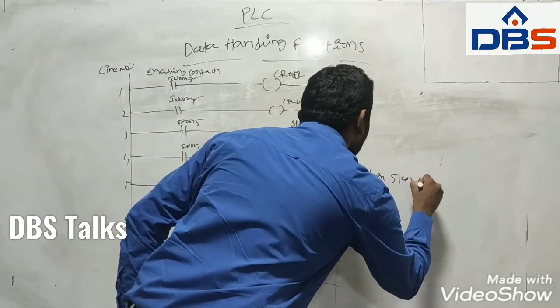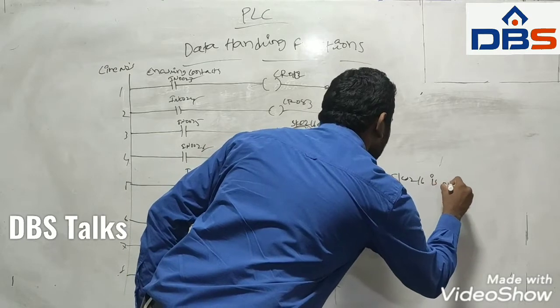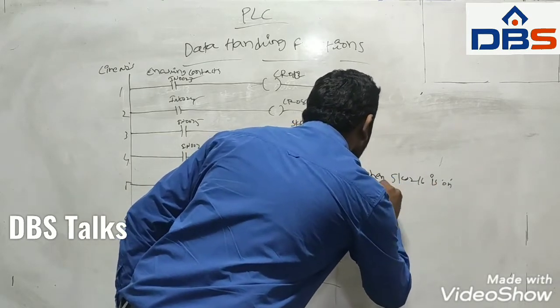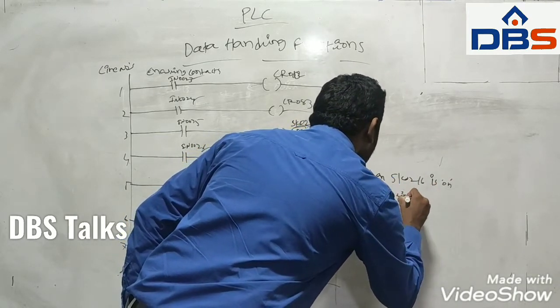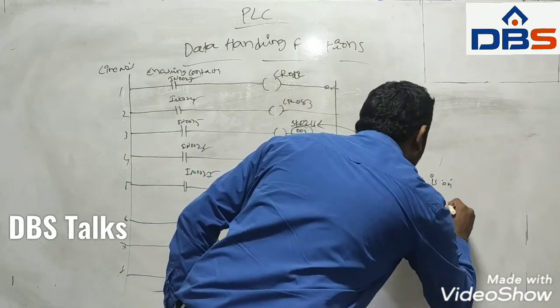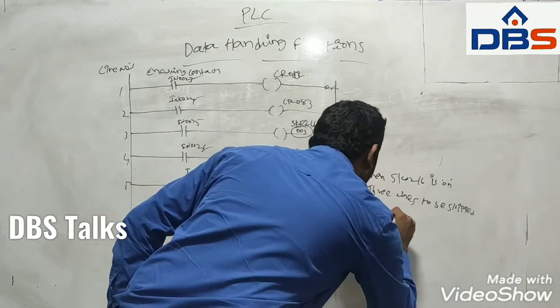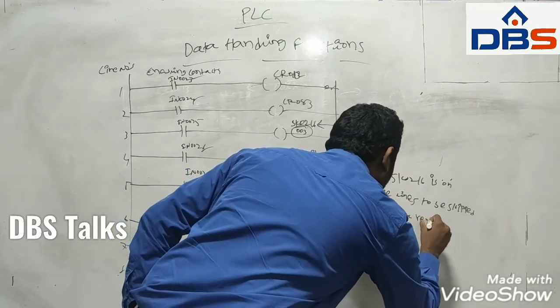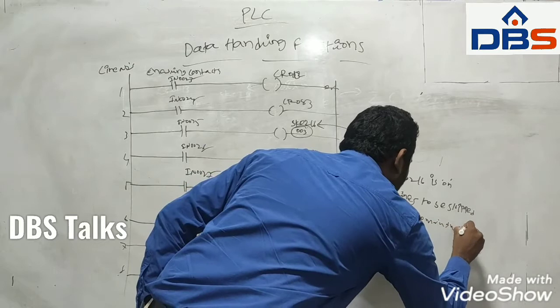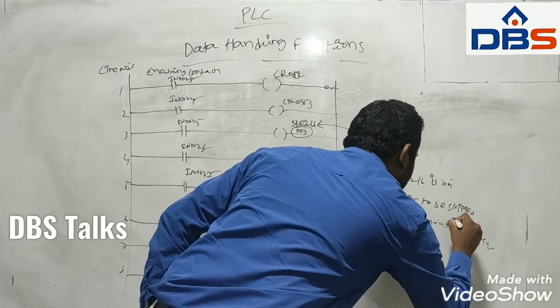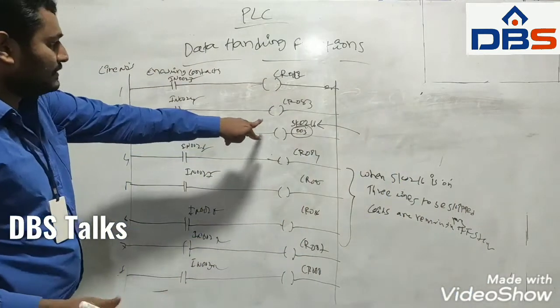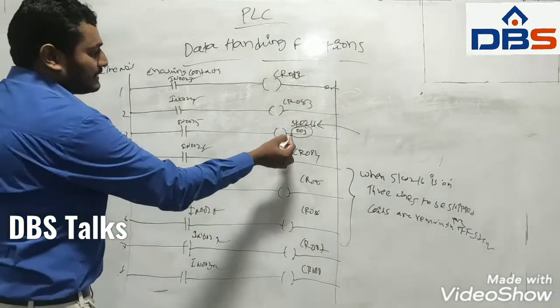When SK0216 is on, three lines are to be skipped, so the coils remain in their previous off state. In the third line we have the skip function.